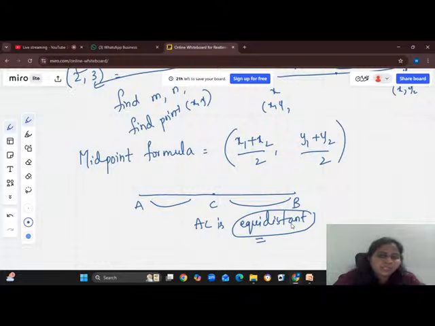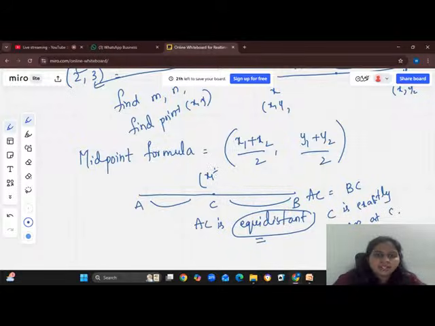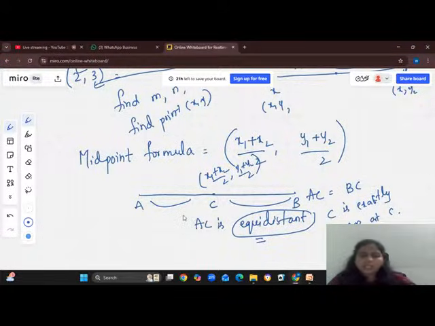When you see this word equidistant, it means that AC is equals to BC and C is exactly dividing the A and B at C. Then you can use the midpoint formula x1 plus x2 by 2 comma y1 plus y2 by 2. This is very, very easy, and you can use any time in any question, whether it is a case-based study or any 2 mark or 3 mark question. If they ask you that it is equidistant or equal, then happily go use your midpoint formula.